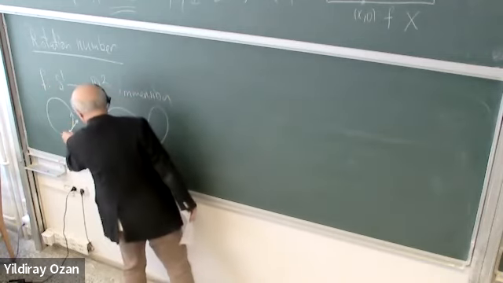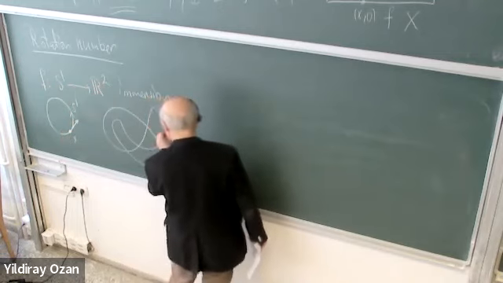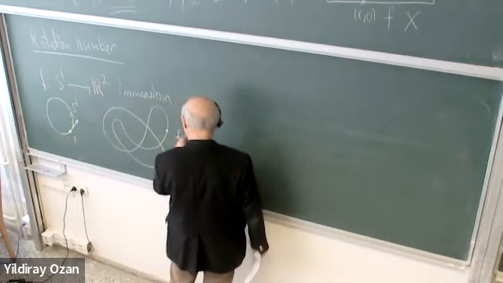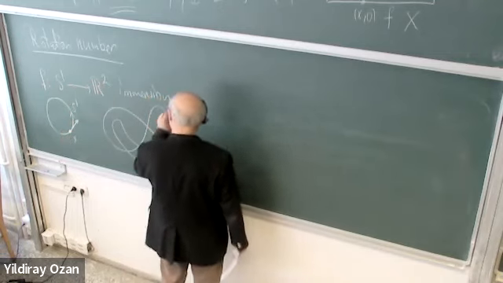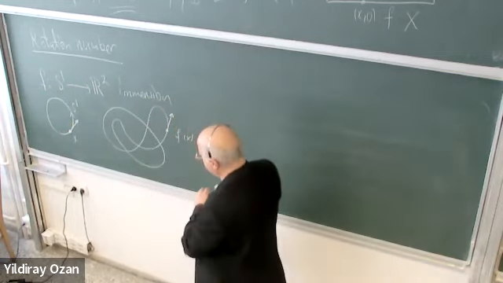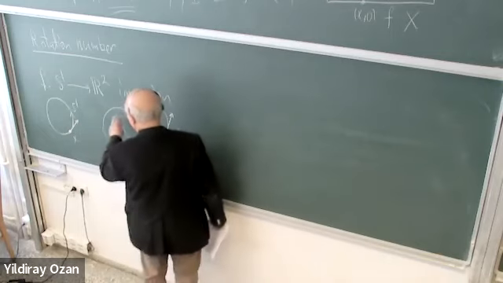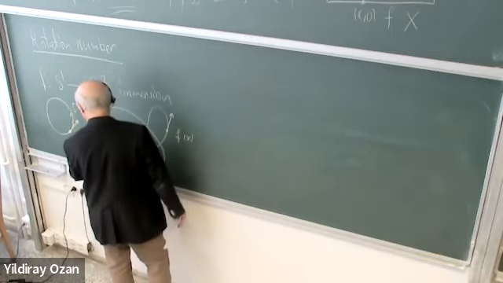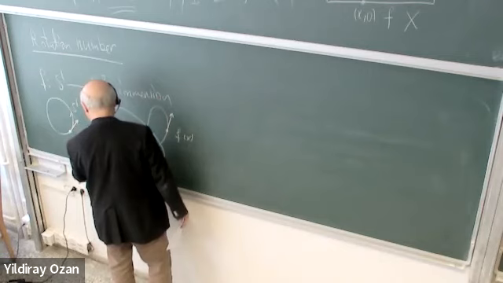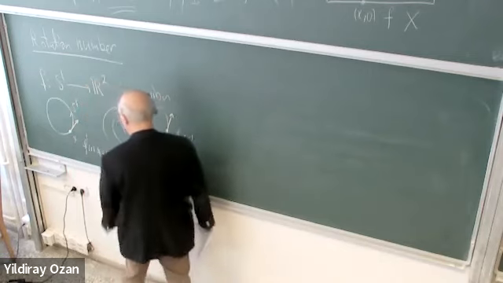Let's say this point here is mapped to this point, and this tangent vector is mapped to here. The way we say it is that its derivative at any point is not zero.